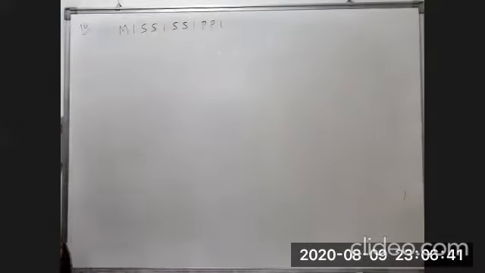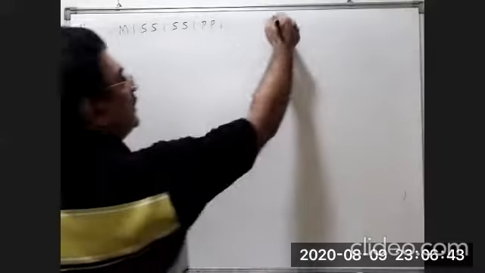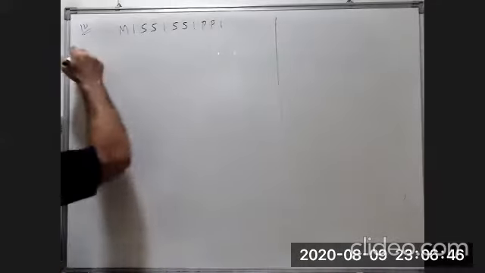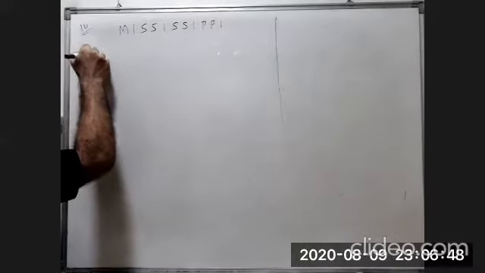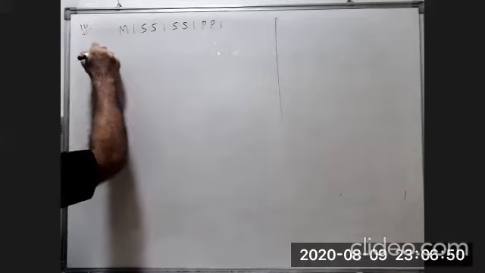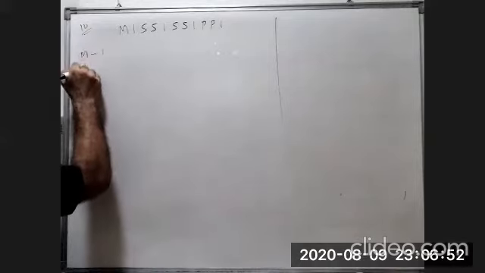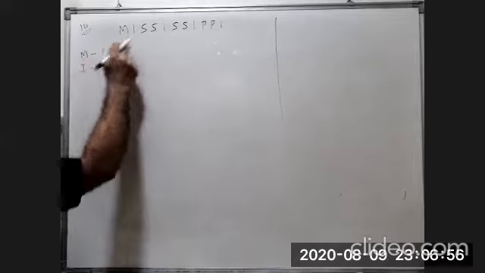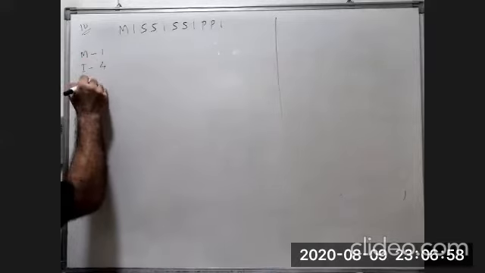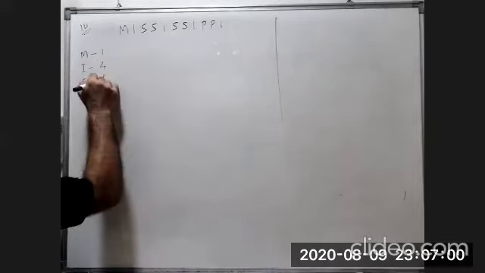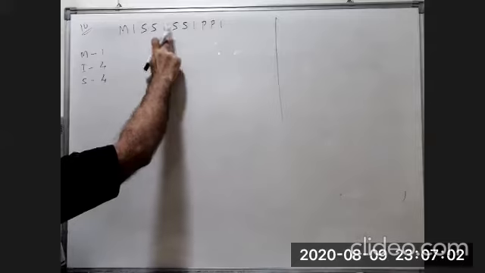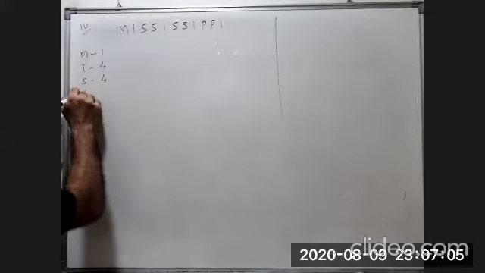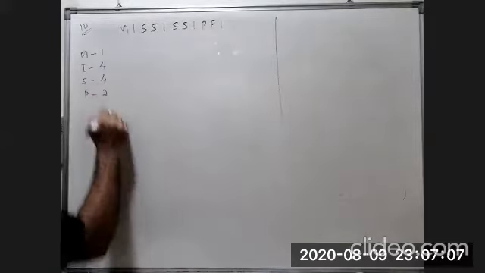Whereas here, you can see, how many times is M? Only 1. How many times is I? 1, 2, 3, 4 I's are there. We counted I, we counted S, and P: 1, 2 P's are there.